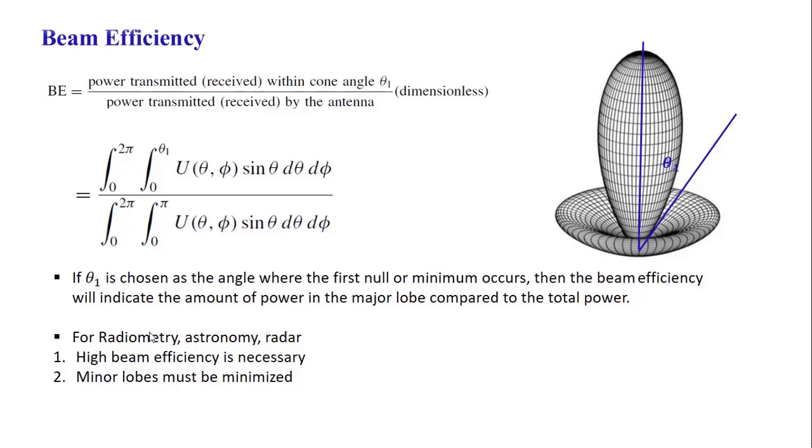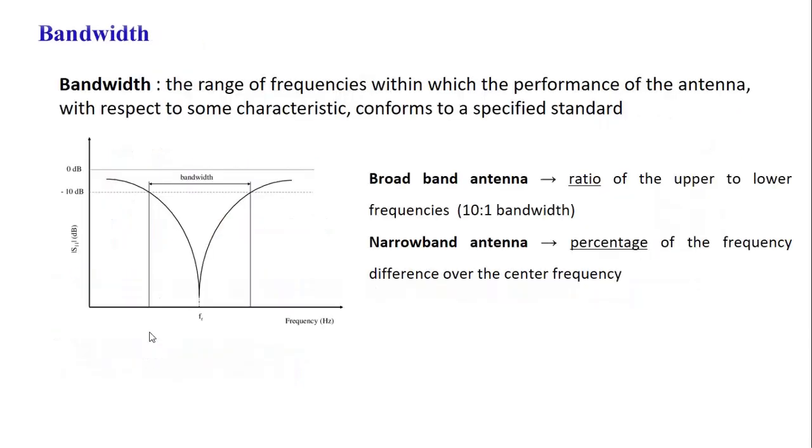So moving to the next topic, that is bandwidth. As we all know, the bandwidth of an antenna is the range of frequencies within which the performance of antenna with respect to some characteristics conforms to the specific standards that are required.